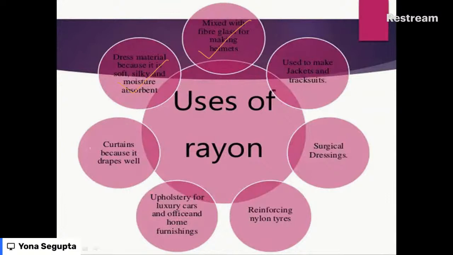Next is curtains, because it drapes very well. Bed sheets, carpets, surgical dressings, jackets and track shoes, reinforcing nylon tires, and luxury cars, and office and home furnishings, and many more like that.